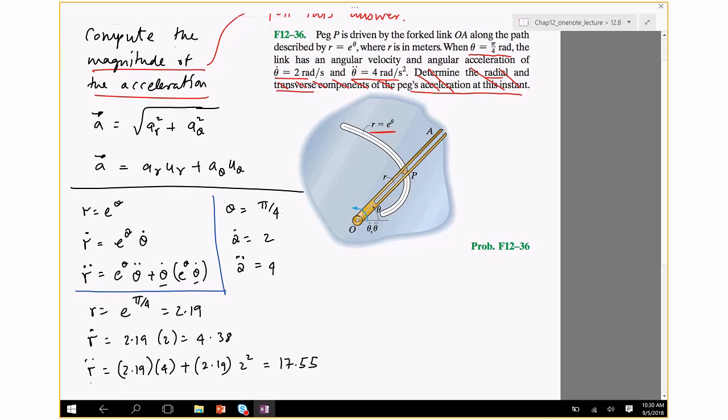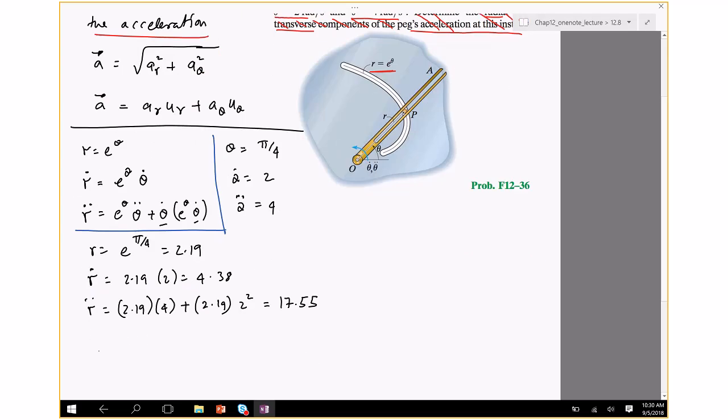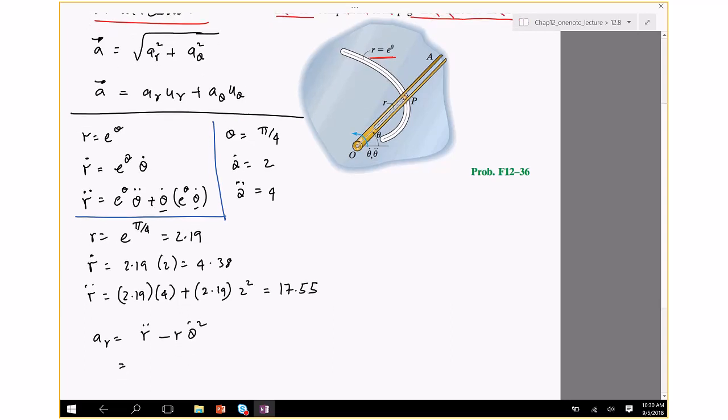Okay, so given that, let's find A_R, which is R double dot minus R theta dot squared. R double dot is 17.55 minus R, which is 2.19, times theta dot squared, so that's 2 squared.